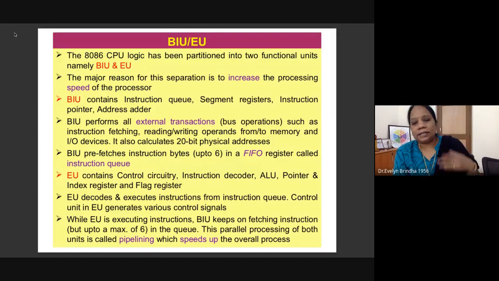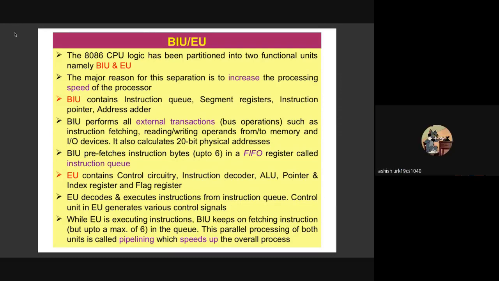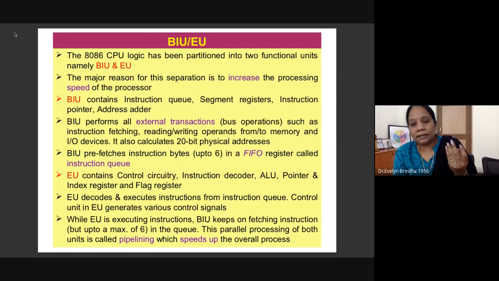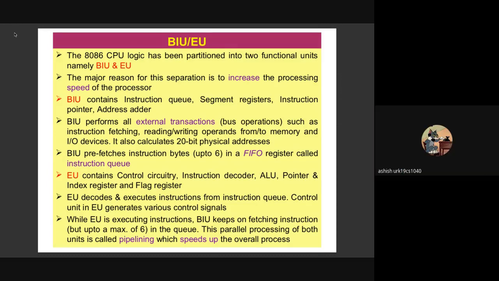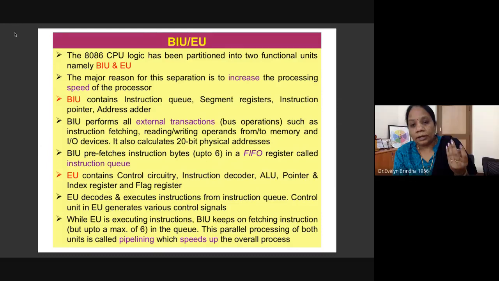Okay, so what are the tasks of BIU? Number one, fetching an instruction from the memory. Second, can somebody say what is the second operation? Reading or writing data, operands, from memory or to memory.